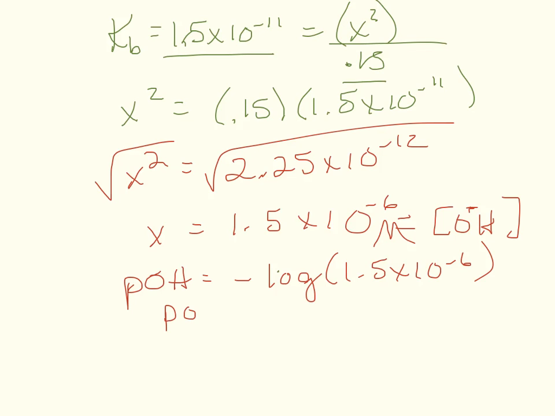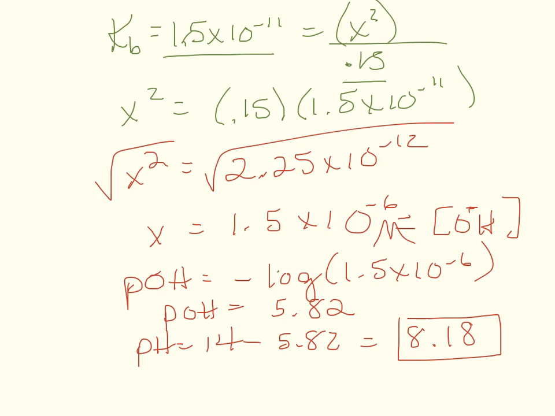So pOH is 5.82, and that means that pH is 14 minus 5.82, and that is 8.18. So that's the pH at the equivalence point. That matches with what we've learned. Remember I said at the equivalence point a weak acid will have a pH greater than 7. So that looks pretty right.